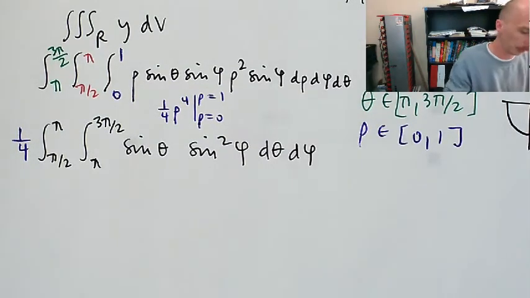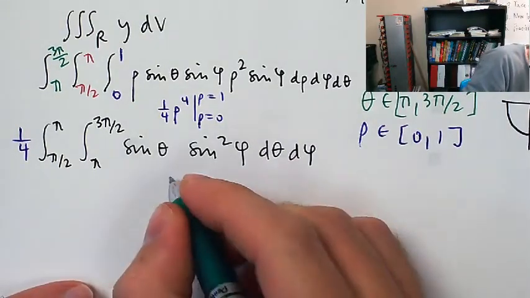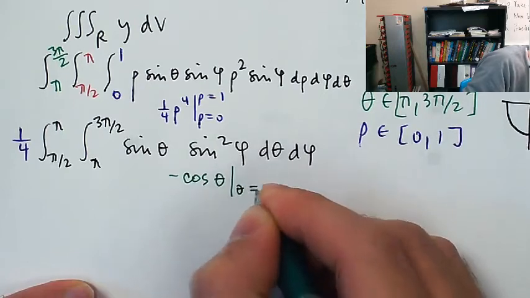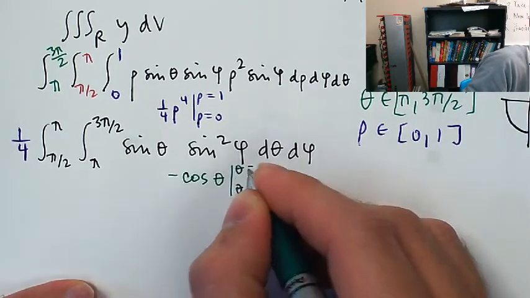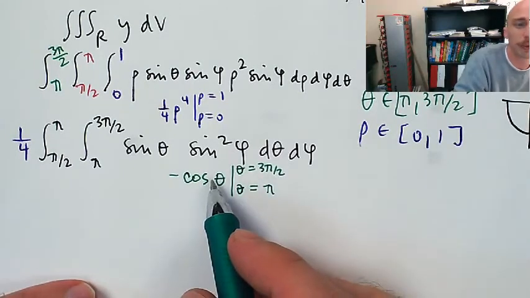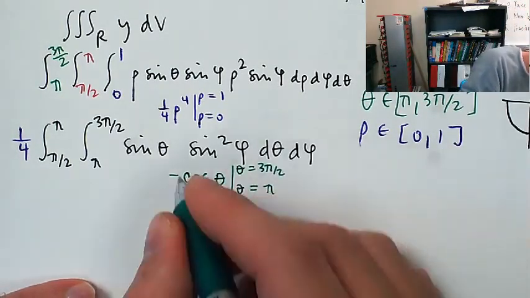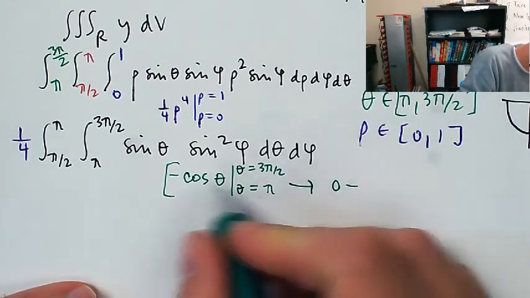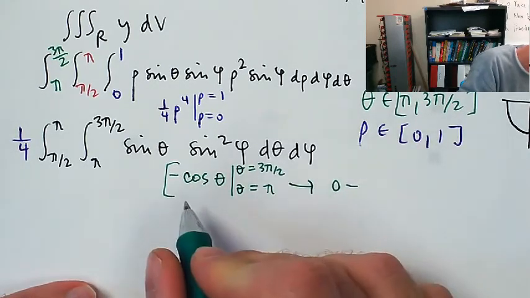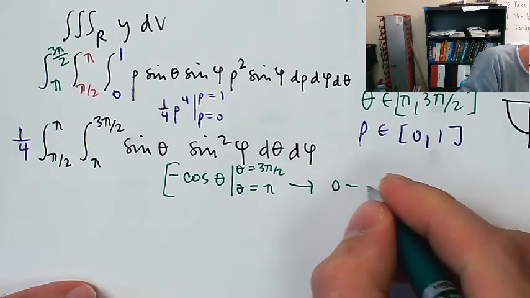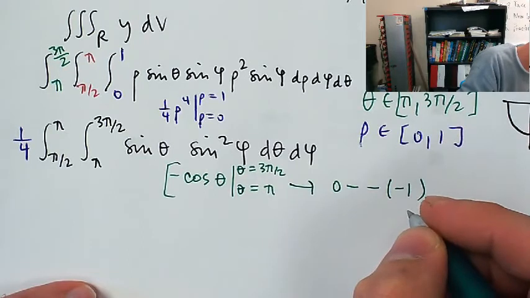The antiderivative for sine theta with respect to theta is going to be negative cosine theta. This theta runs from pi to 3 pi over 2. When I plug in the top, I get cosine of 3 pi over 2. That's 0. And then when I plug in pi, I'm going to get negative 1.